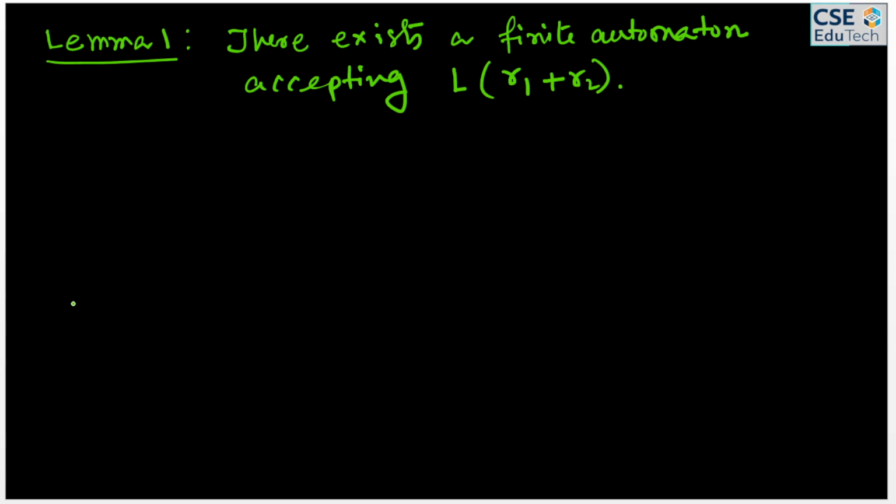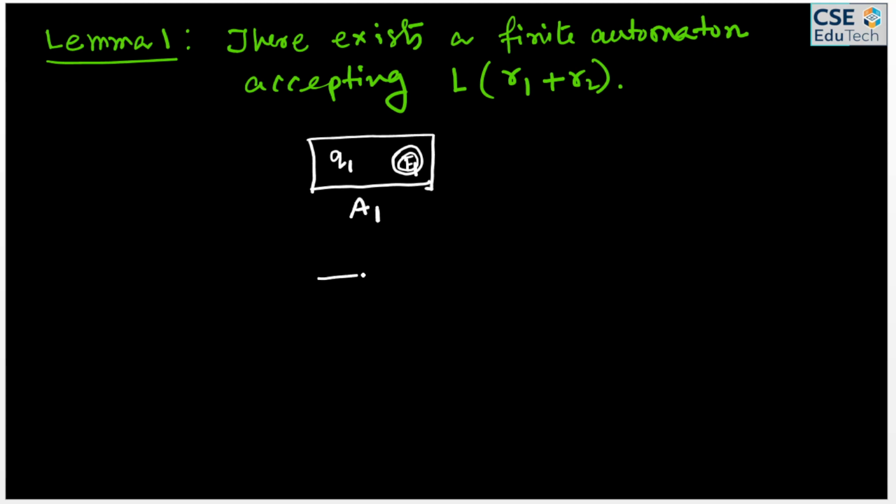Now we draw an automaton. Suppose this is automaton A1, where the initial state is Q1 and the final state is F1, which basically accepts R1.